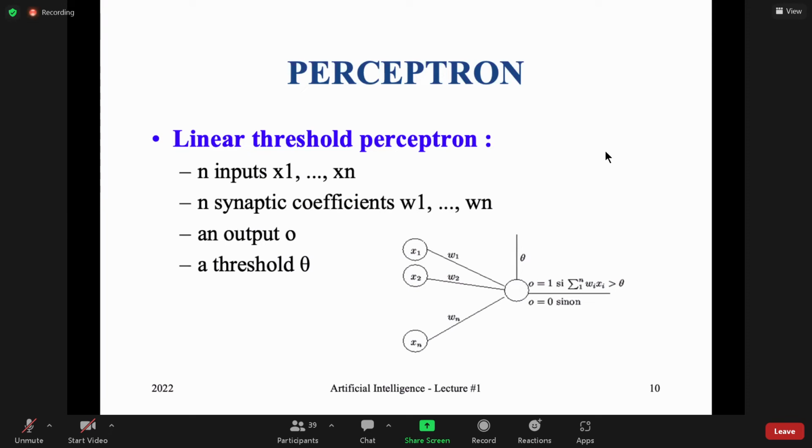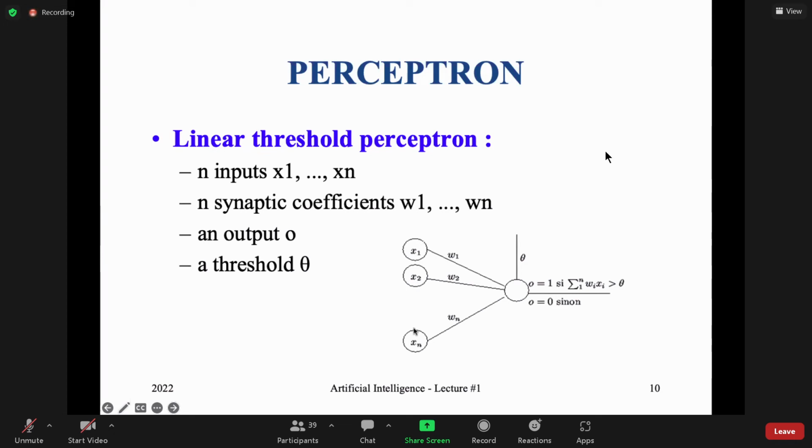Here, I remind you that we can consider n inputs. These n inputs could be, for example, the features that I explained during my first lecture. If I take the example of how to categorize rectangular and triangle shapes, we'll have only two elements here, so it will be x1 and x2.